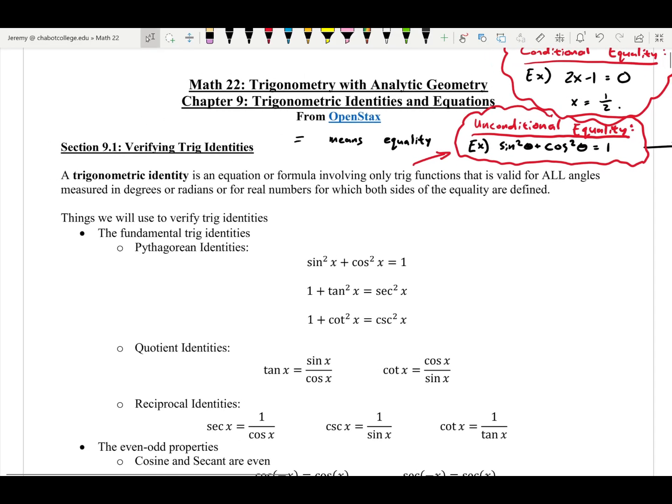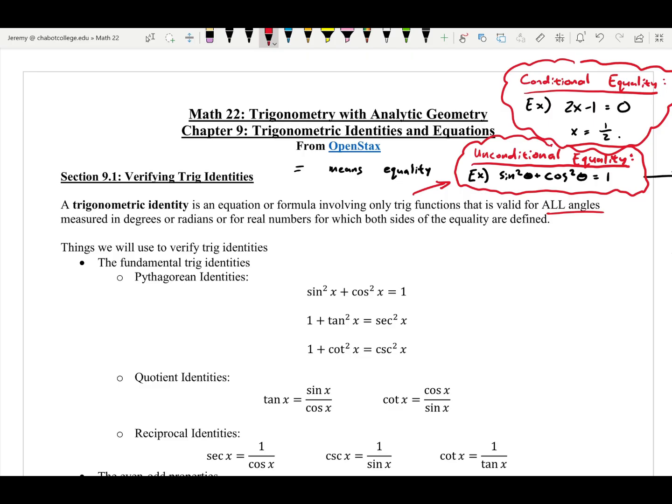Here's the statement at the top of section 9.1 on verifying trig identities: a trigonometric identity is an equation or formula involving only trig functions that is valid for all angles. Doesn't matter if they're measured in degrees or radians or for real numbers. No matter what the input is, we're going to have equality.